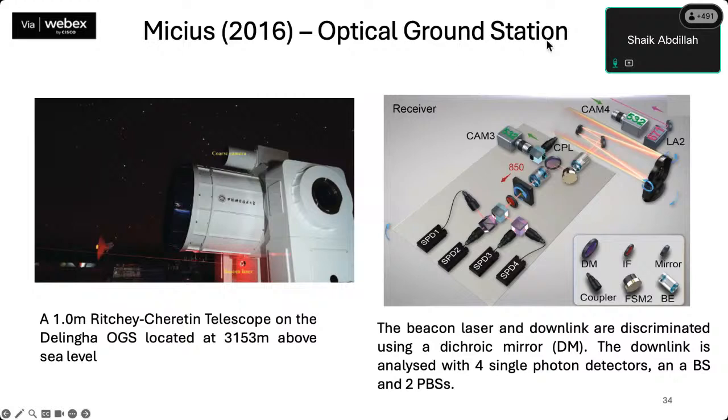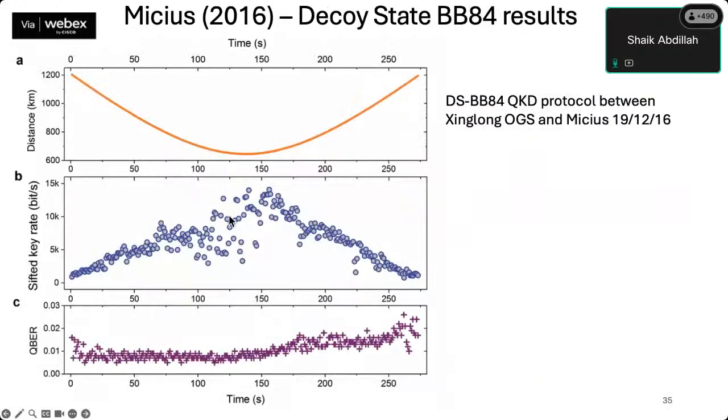Their receiver module is also very interesting. They use a polarization compensation module, and they performed measurements using 4 single photon detectors on the 4 relevant bases, H, V, D and A. With this, they were able to generate a secret key rate of several kilobits per second.